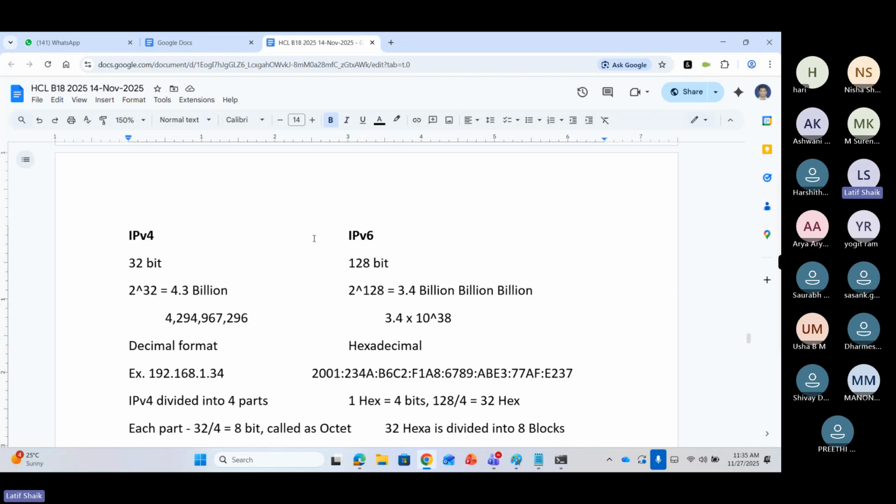Subnet mask is important, what is the use of a subnet mask, what is a subnet. But the IPv6 and IPv4 difference is very important. So for that, you compulsorily have to read about both IPv4 and IPv6 differences.